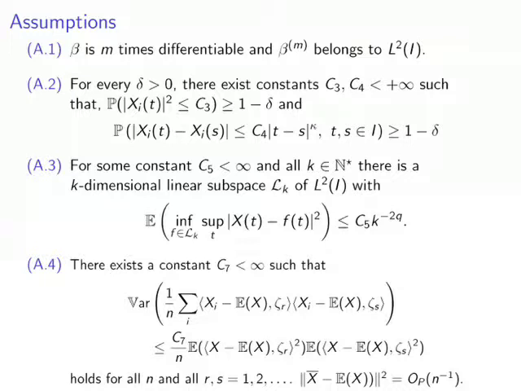How fast does it decrease if I increase k? And this is a more technical condition which we need, which is satisfied for, for example, Gaussian distributions or many others. I don't want to discuss that.